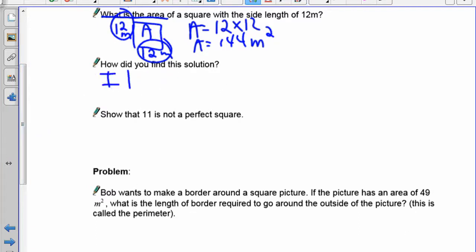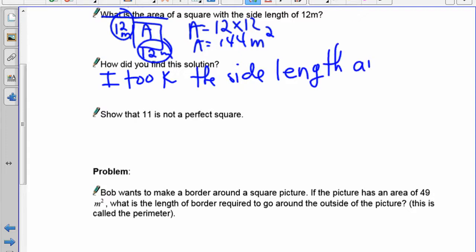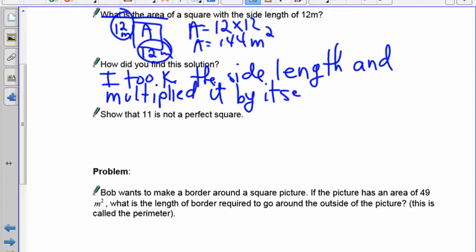I took the side length and multiplied it by itself to get the given area.